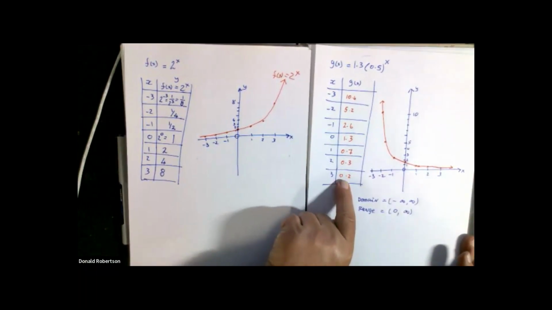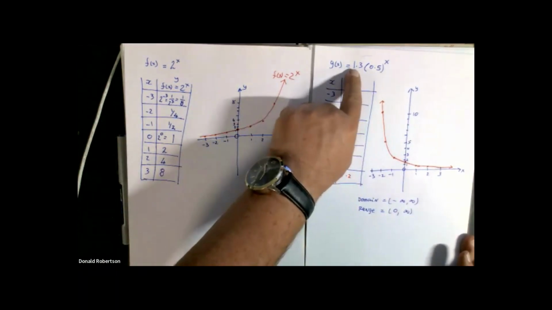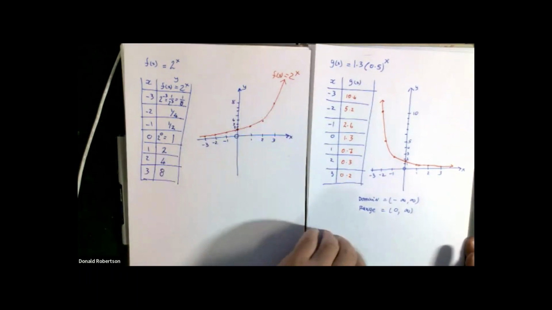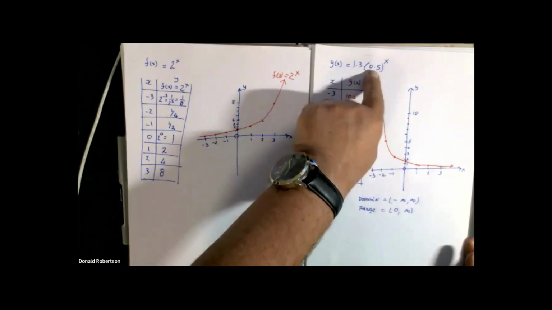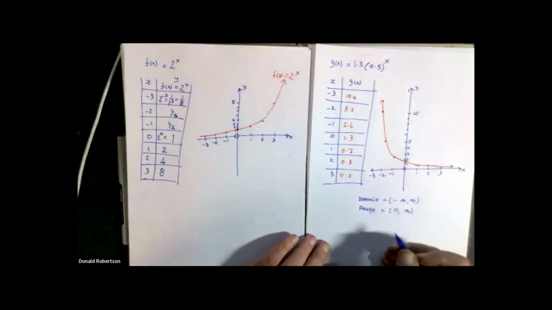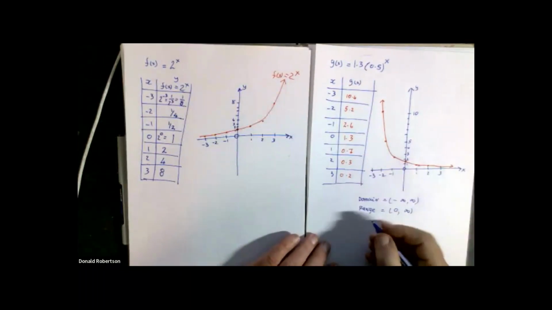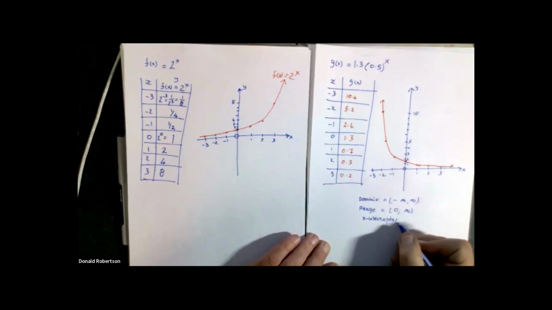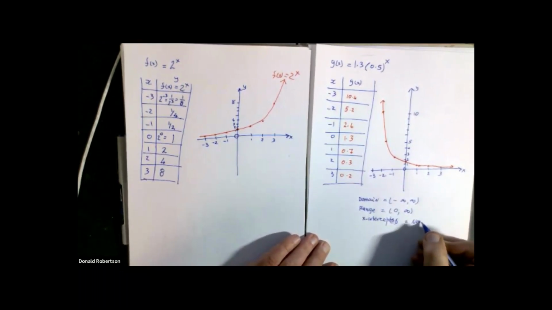Have you noticed that these values get smaller and smaller? And you might say, well, what about that 1.3? Won't that make maybe the horizontal asymptote a little bit different? Not really, because 1.3 times a tiny number is still a tiny number. And this one doesn't have any x-intercepts. So the answer would be none.